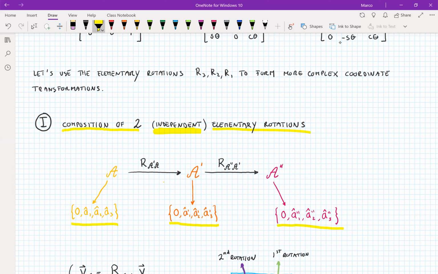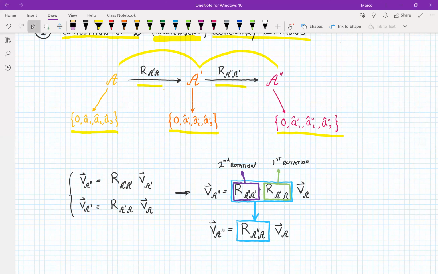The reference frame A will have A1, A2, and A3. The reference frame A prime will have A1 prime, A2 prime, and A3 prime. And finally, A double prime will have versors A1 double prime, A2 double prime, and A3 double prime. So you see that by performing two rotations, we are switching between three different reference frames. Okay, well, that makes sense. I think I don't really have to explain that.